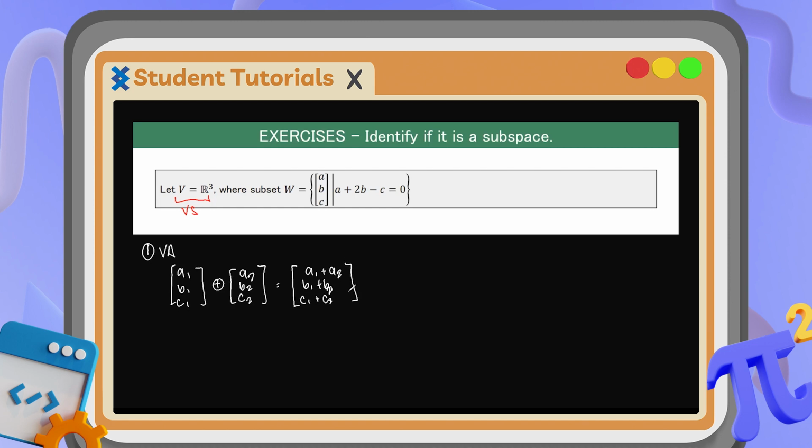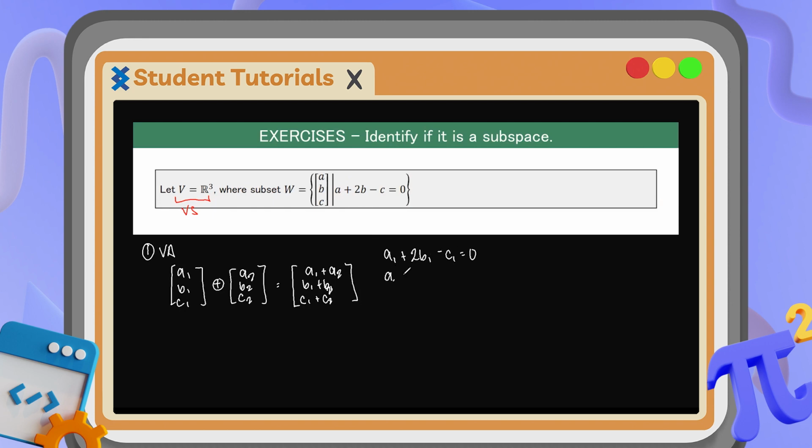So from here, you may think that we are stuck, but we need to also consider the property of the subset, which is satisfying this equality. So first, we consider a sub 1 plus 2b sub 1 minus c sub 1 is equal to 0.